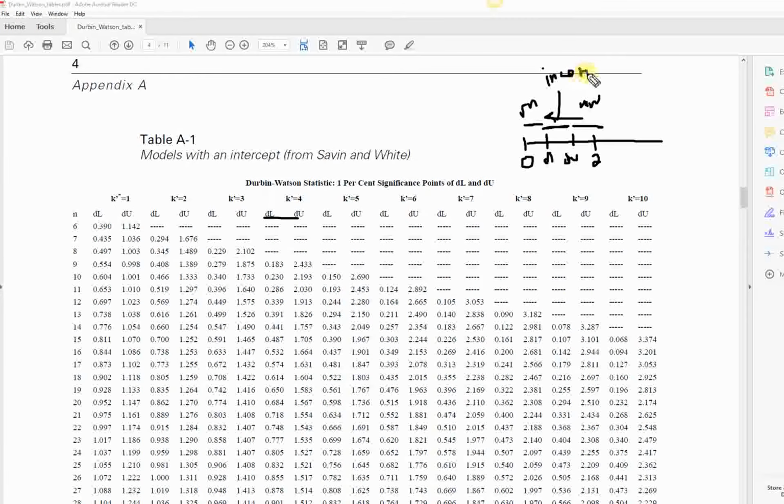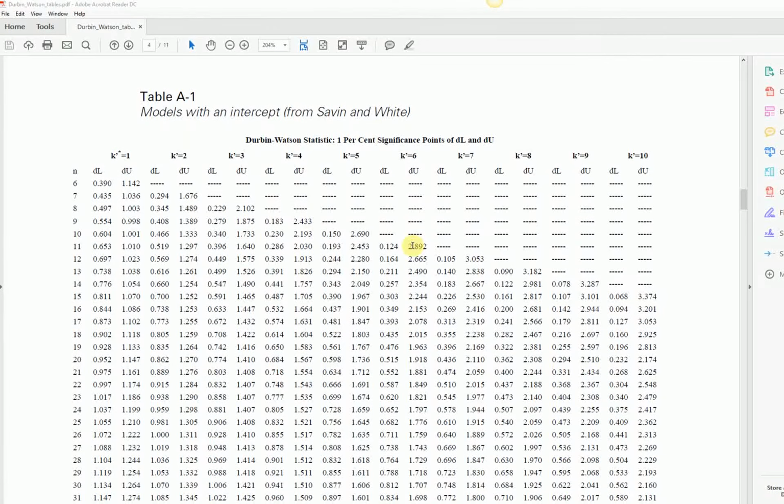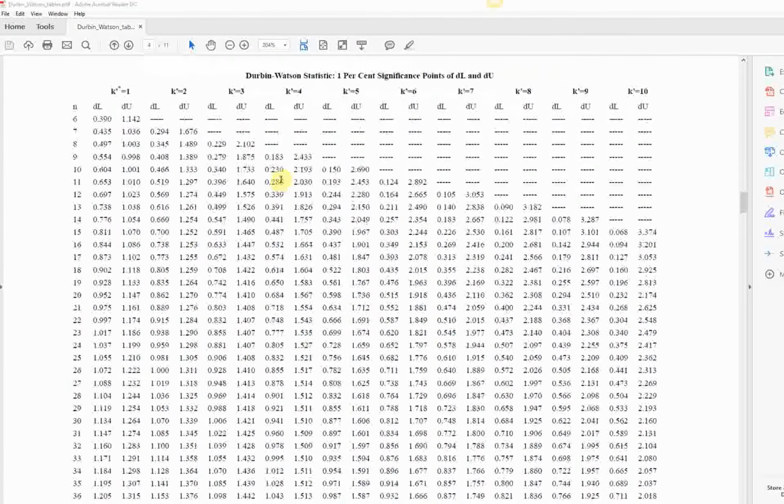Okay, so at any rate, I think our Durbin Watson from our regression was 1.421. We had 4 predictors in the model, and we had 50 observation periods.